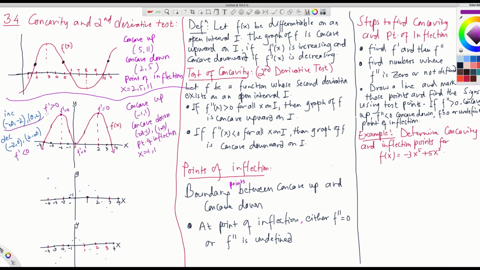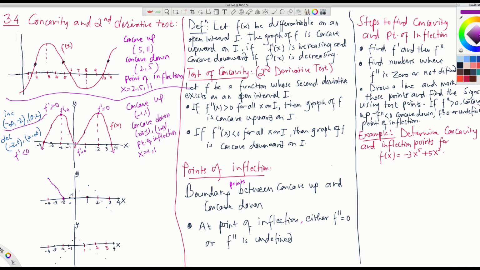On this side f prime is positive, meaning f prime must be above the x-axis, but at -2 f prime must be 0. This is the graph of f prime. At -2 it is 0, and left of -2 it must be positive.